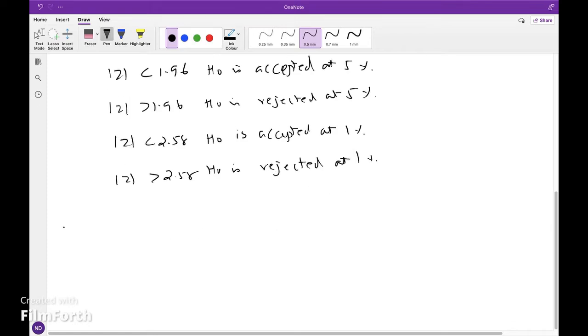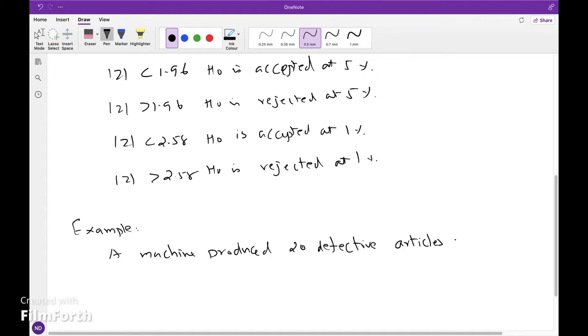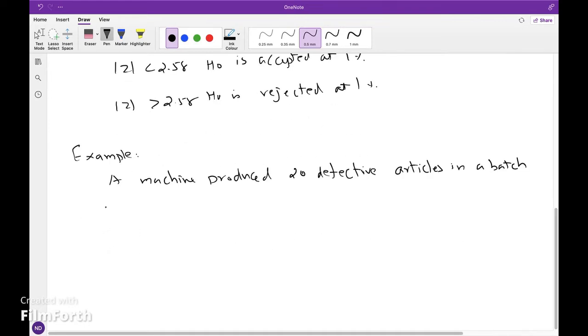Example: a machine produced 20 defective articles in a batch of 400.